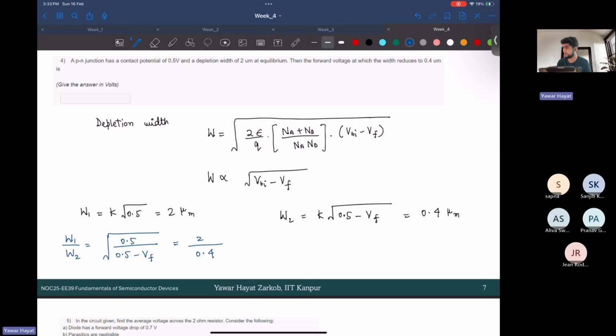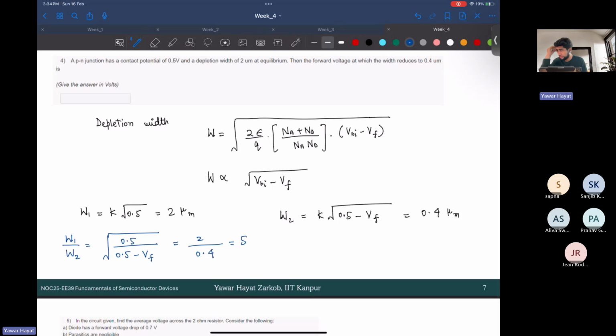Which is equal to, how much is 2 by 0.4? 5, right? So your 5 is equal to square root of 0.5 by 0.5 minus VF. Now what?